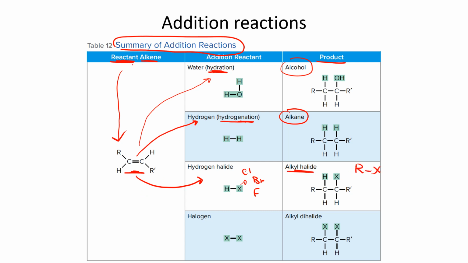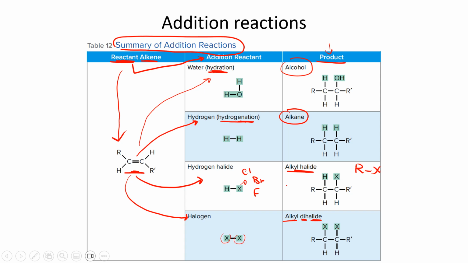هذيل هني هم الرياكتنتس المتفاعلات. هذا هو البرودكت. Now, if you have an alkene and you have a halogen, بس الX, you are also going to get an alkyl halide, but you will add two X's. So you'll have an alkyl dihalide. Okay? Because you have two halogens here.